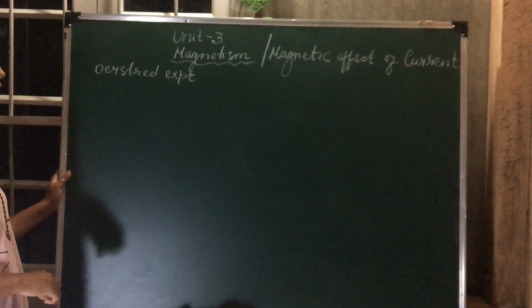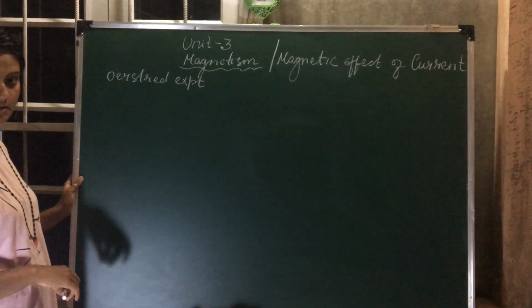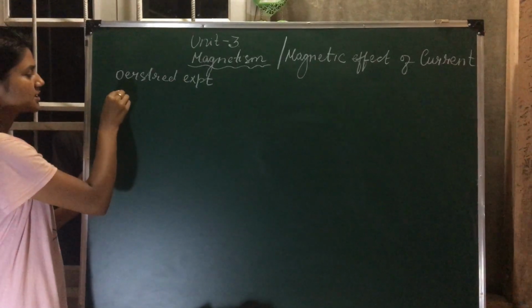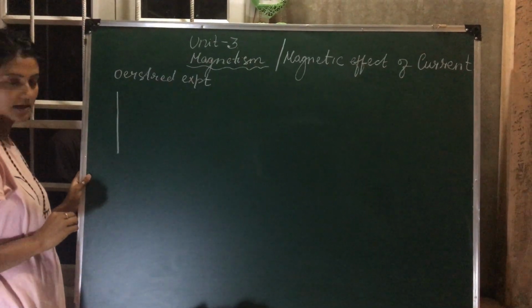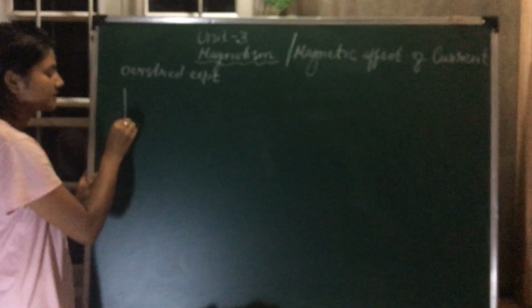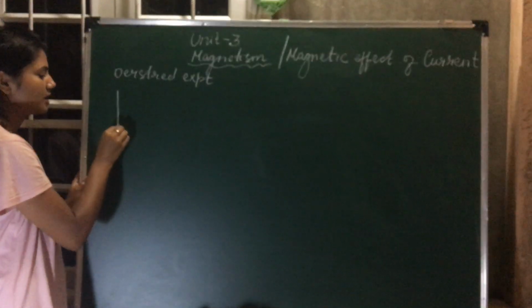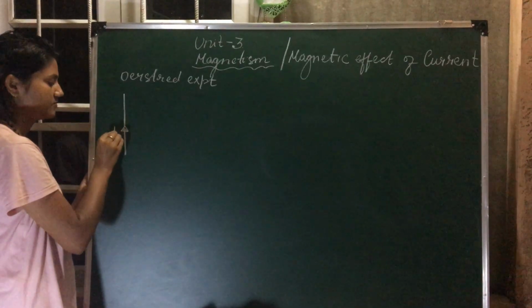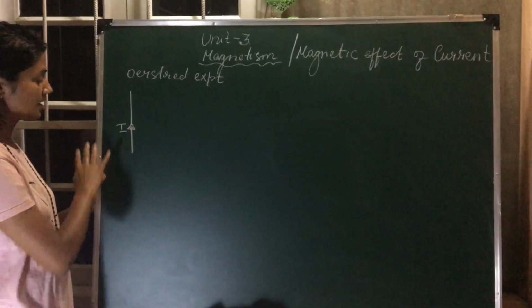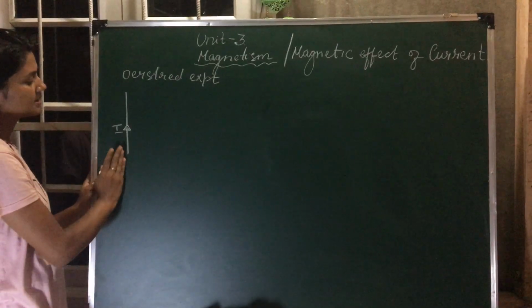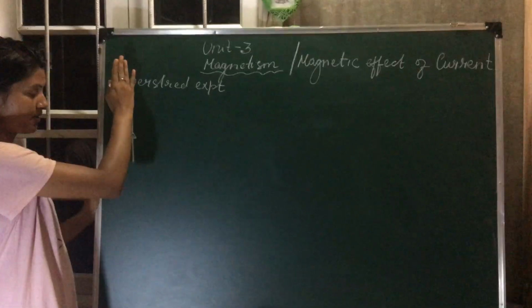What Oersted observed is that suppose here is a wire, and let's say in this wire the current is passing along this direction. Why the current is flowing, we are not interested. Just say the current is going this way, up.